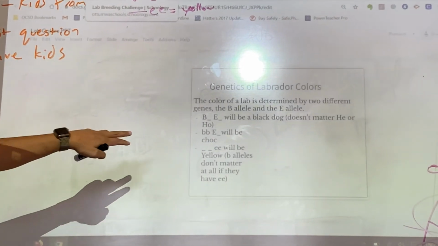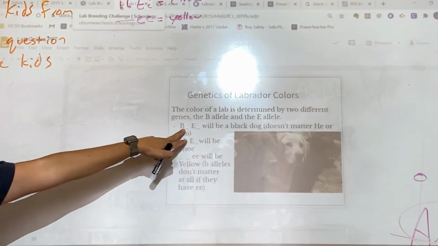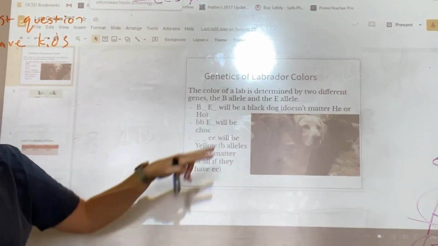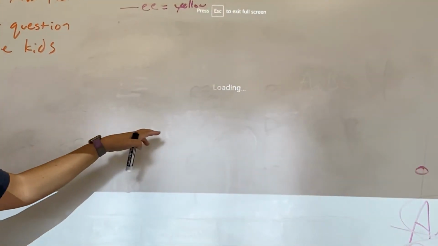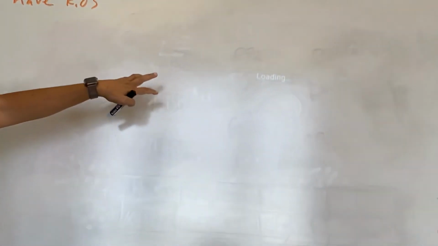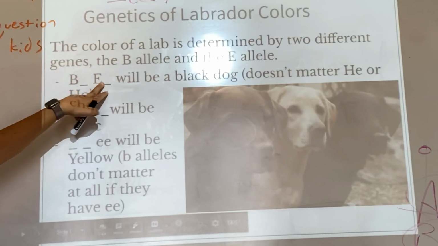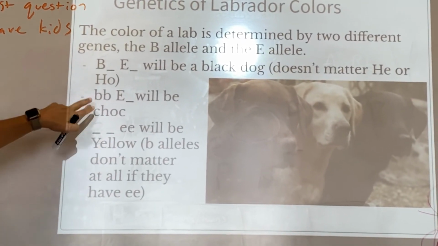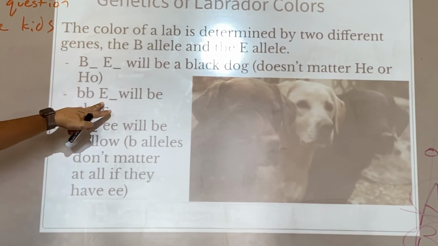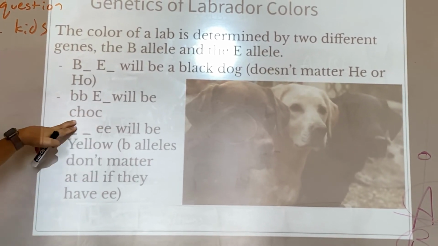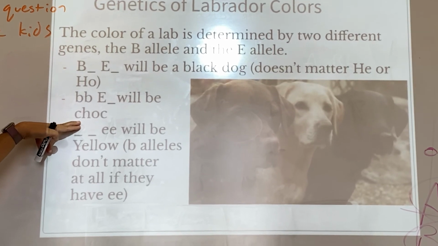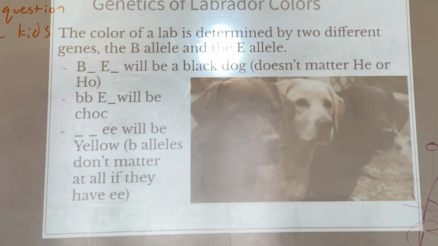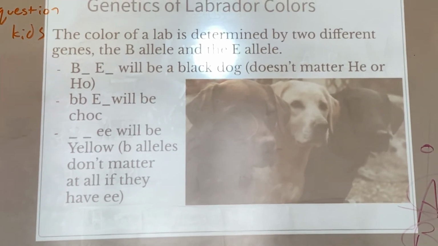If you open that up, first it's going to remind you, it doesn't matter what the second letter is, homozygous or heterozygous, if they've got a dominant B and a dominant E, it will be a black lab. If the B's are recessive, but there's at least one dominant E, you get a chocolate lab. If the E's are recessive, the B's don't matter at all, it's a yellow lab.